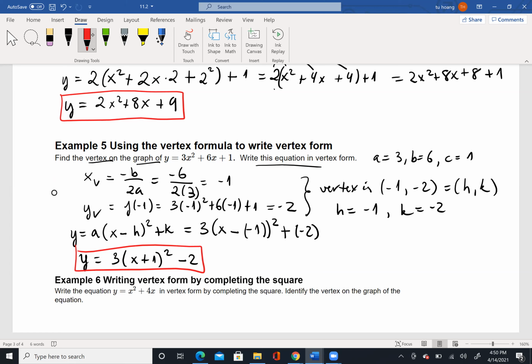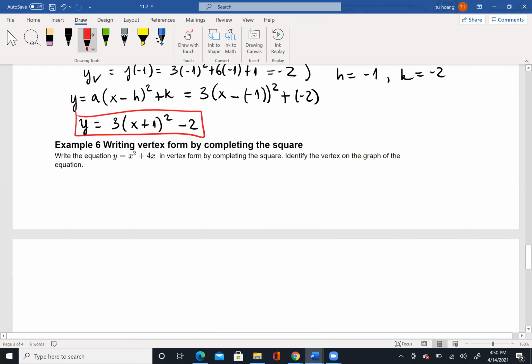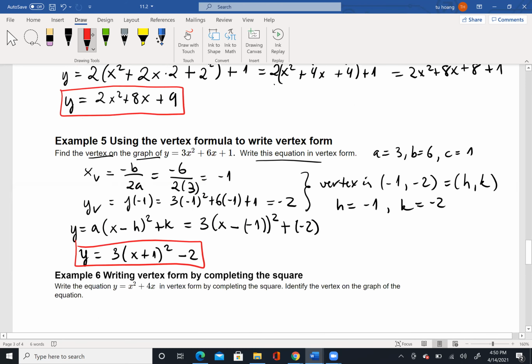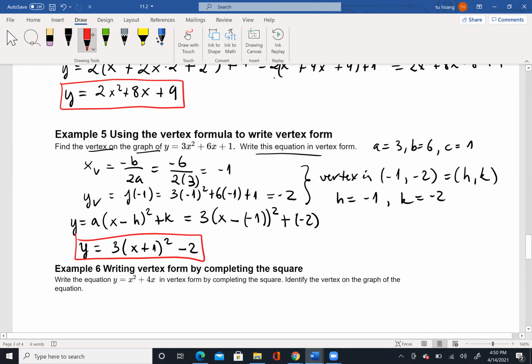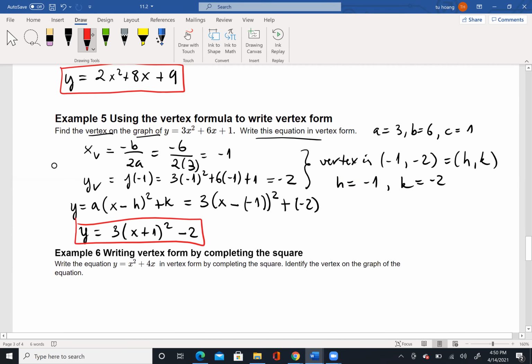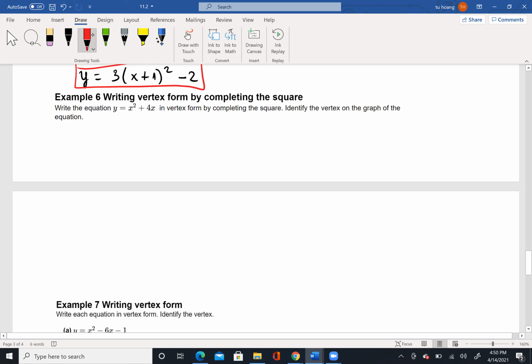Okay, so let's go to example number 6, writing the vertex form by completing the square. You can go back to the way of using the vertex formula if you feel that's easier. But today I'm also going to show you how to write the vertex form by completing the square.